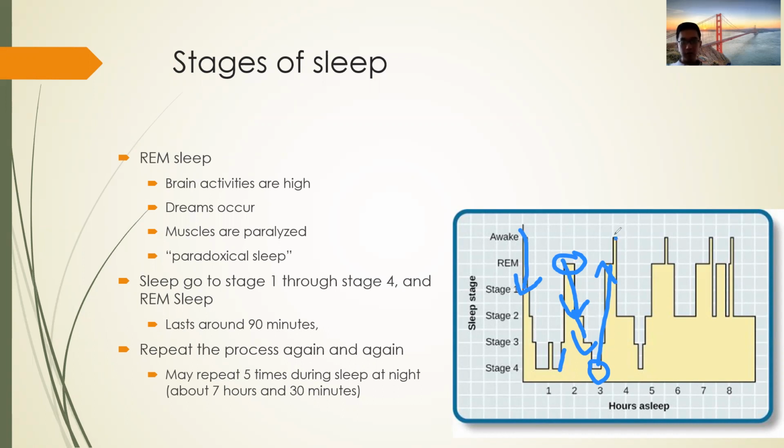Then they go back to sleep, back to stage 2, 3, and 4, and go to REM, and this time stays in the REM stage for a very long time, and goes to stage 2. But this time, the person does not go to stage 3 or 4. It goes back to REM. Stage 2, REM, stage 2, awake, and stage 2.